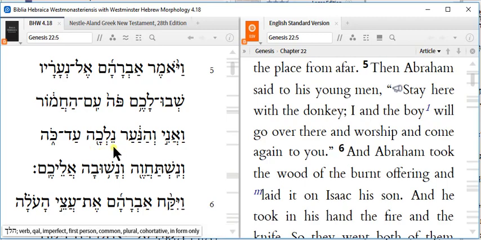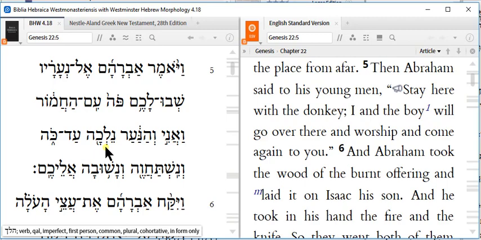I have supposed that if we take it as a cohortative, then this is really a strengthened affirmation on Abraham's part that they will come back, because that's what he's saying. We will come ad ko, up to here, meaning we're going to go and we're going to come back to this place. Interesting. We will come back. He's on his way to sacrifice Isaac, but he says we will come back.